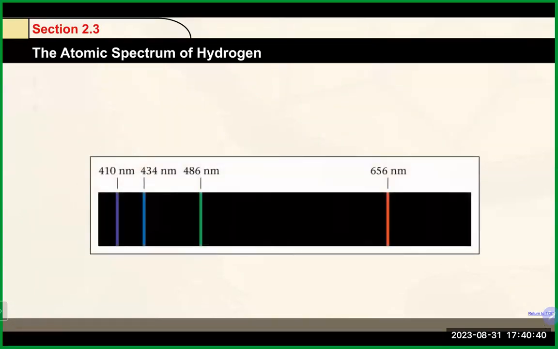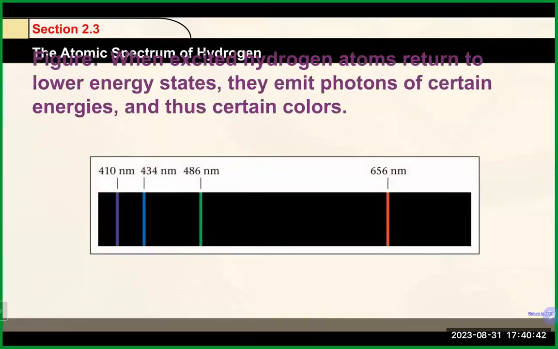So these are the four major lines that you see in the hydrogen atom, and you see these distinct lines. Remember as well, these color lines also represent energy. As we know, this is a longer wavelength than this, which means this is a little lower in energy than, say, this one.